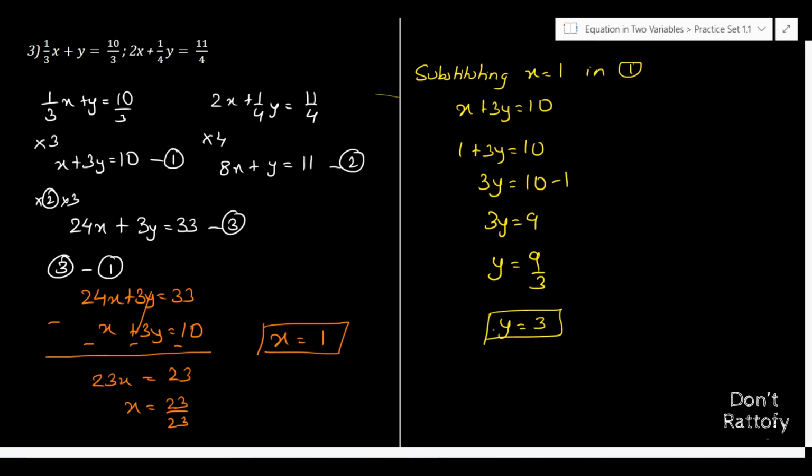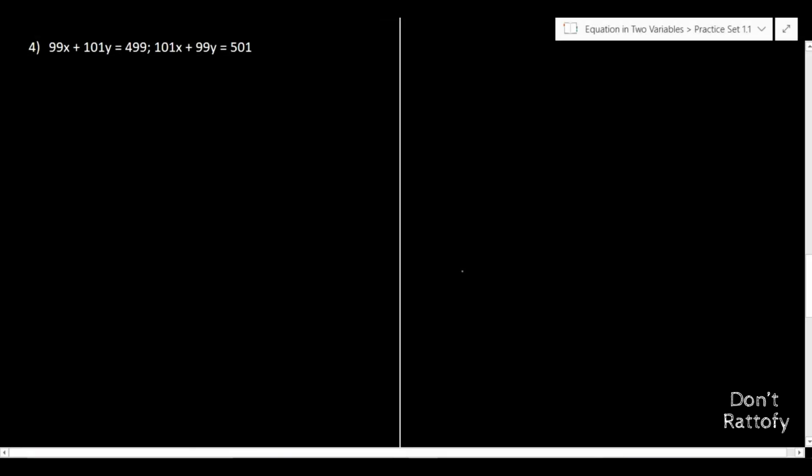Okay, and now we'll move ahead. Now going ahead, solving this sum from practice set 1.1. This is a very different type of sum and we are going to solve it by a different method.